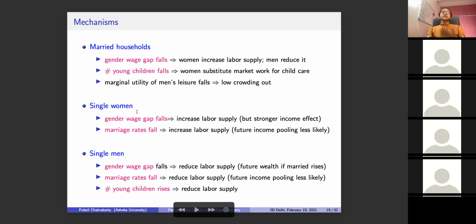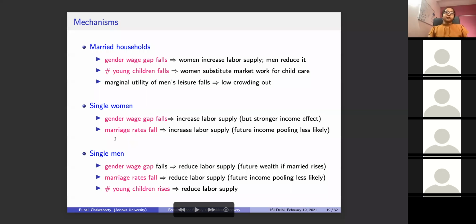Similarly, for single women and single men: for single women, as the gender wage gap falls, they do increase their labor supply, but not by as much as for married women, because there is a stronger income effect, as single women are only depending on their own income.